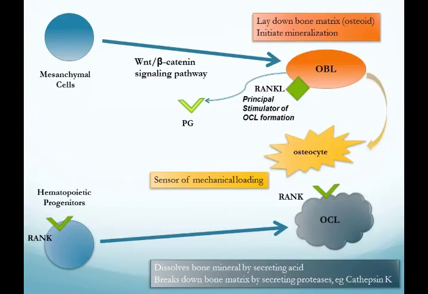So there's a delicate balance going on between this osteoprotegerin and the RANK and RANK ligand system. And the balance determines whether you're forming bone or resorbing bone, and by the crosstalk between these cell lines, you hopefully get to a good steady state.